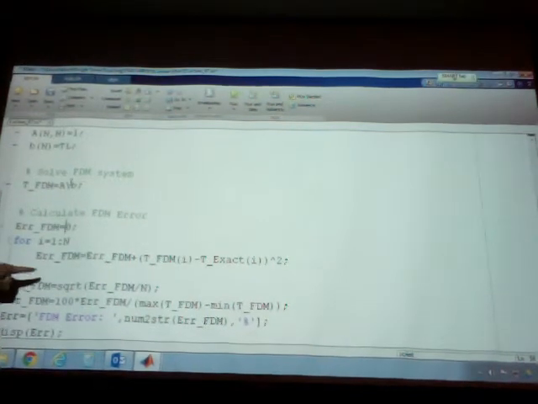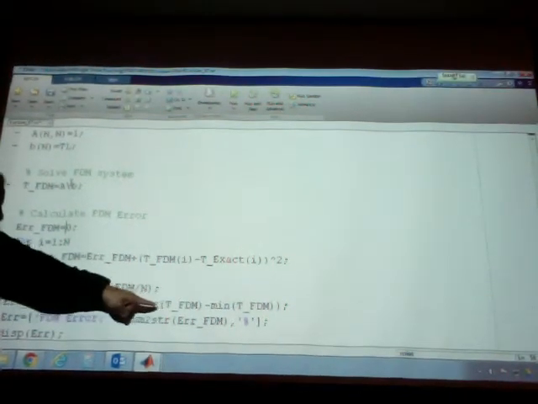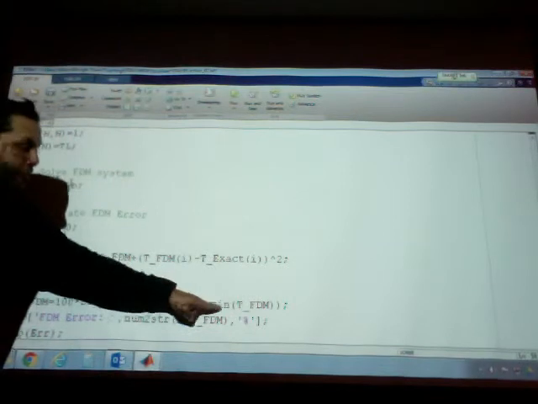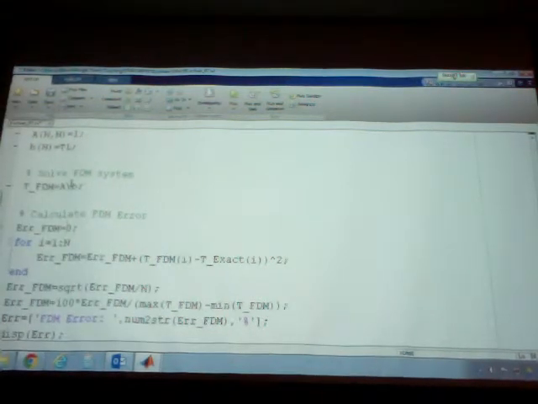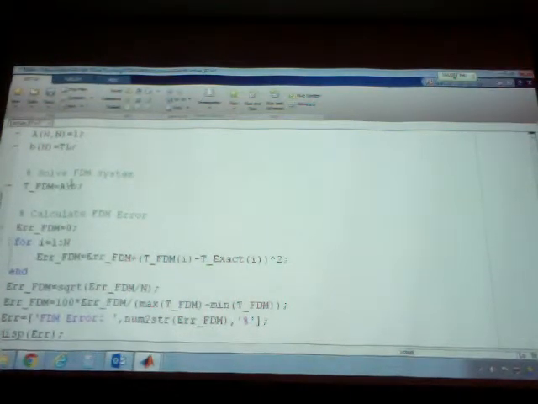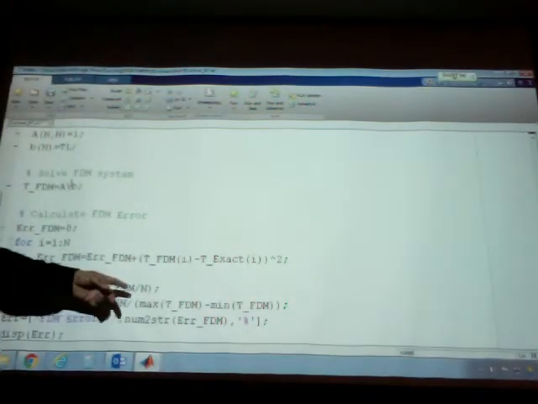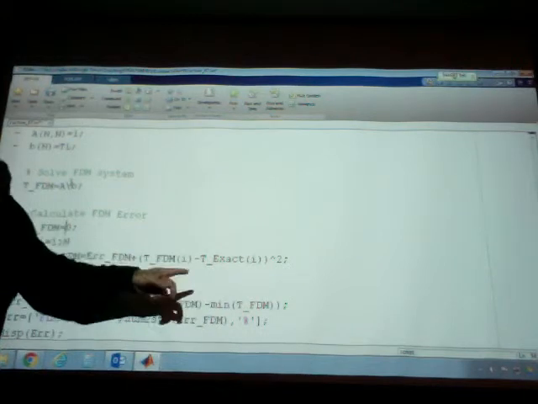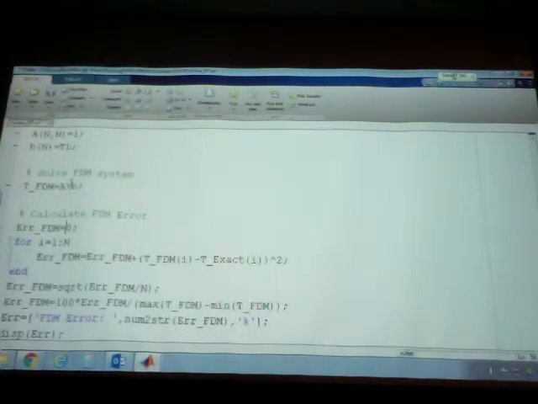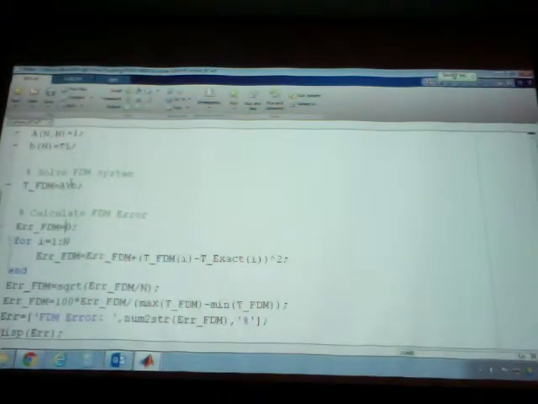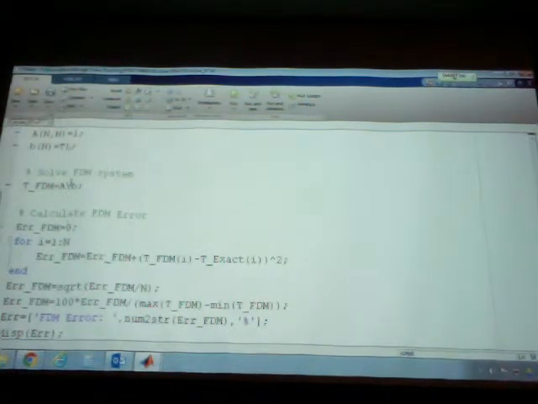But I ask you to divide that by the difference of the maximum and minimum numerical value: maximum T_FDM minus minimum T_FDM. In Mathcad, we divide it by TL minus T0. But this is slightly different, because TL minus T0 is not the full span of temperatures. Remember that there's a temperature somewhere in the middle that is slightly higher than TL.